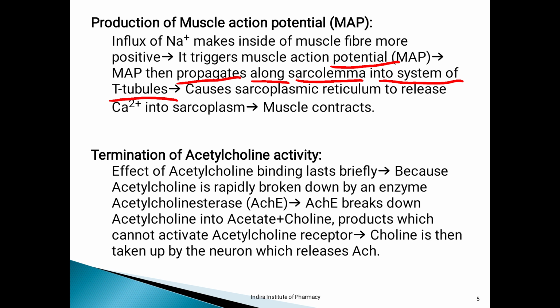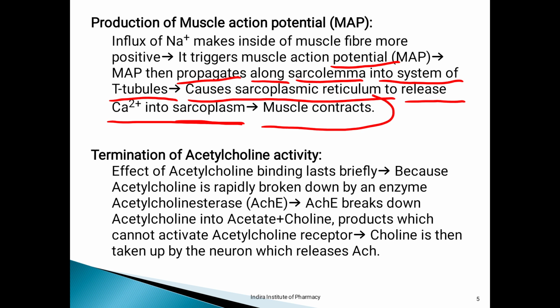That causes the sarcoplasmic reticulum to release calcium into the sarcoplasm. The cytoplasm of muscle is called sarcoplasm. So it is released there, and then the final product is muscle contraction.